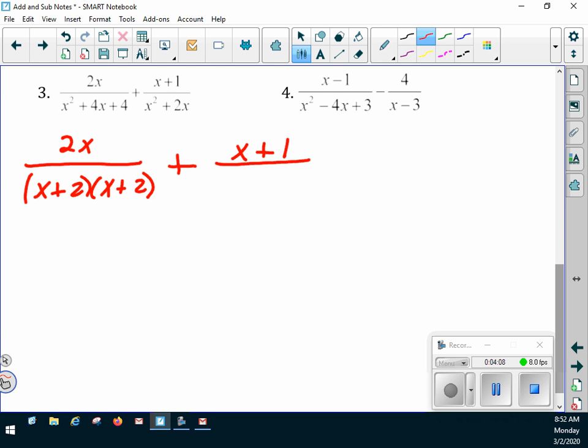Well, that second denominator, factor. Yes. X plus 2, x plus 1. It's the first thing you look for in your factor. Is there a GCF? What is it? X. Times what?